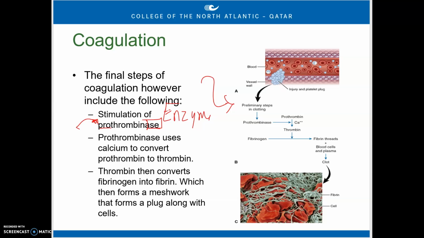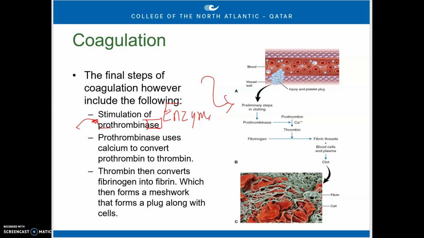So this molecule here, prothrombinase, is an enzyme, but it's not quite ready to function yet. Prothrombinase is circulating around in the blood, in the plasma, and when there's damage and we need to have coagulation occur, prothrombinase will, in conjunction with calcium, turn into prothrombin.